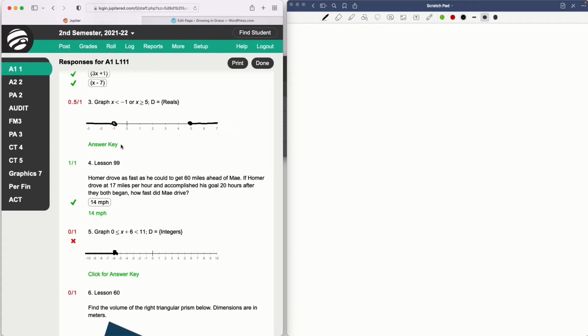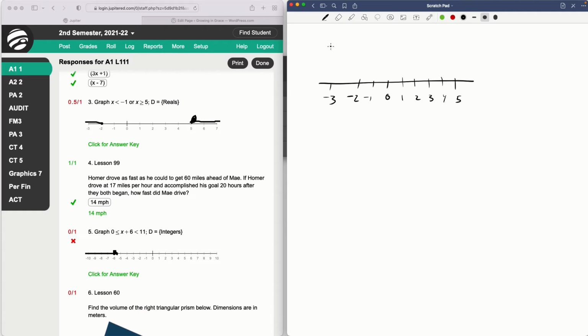But I want to show you the answer key here. This is an open circle, and it's an open circle because there's no equal sign here. That is the difference. When you have that number line, put 0, 1, -2, -1, -3, and then 1, 2, 3, 4, 5.